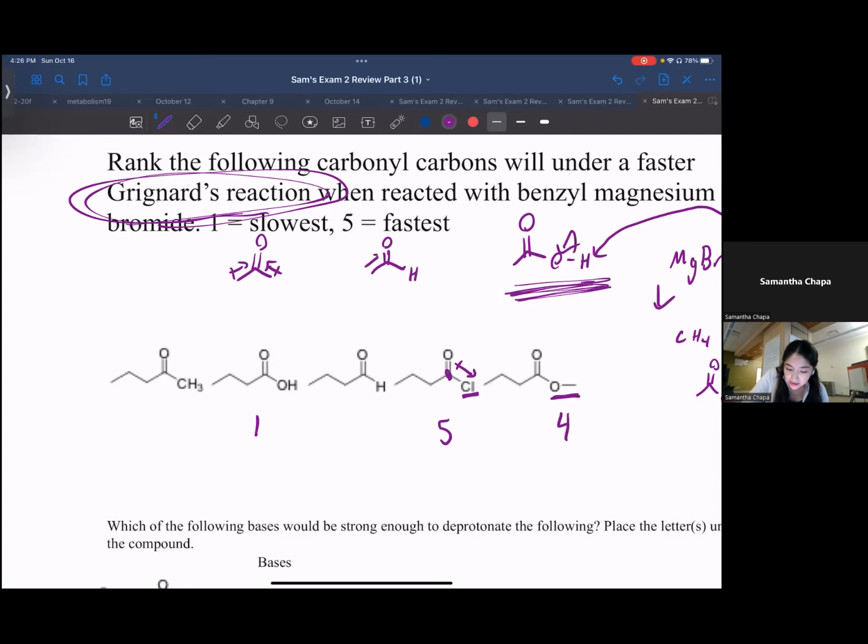Whereas on the aldehyde, you only have 1 donating electron density. Again, we don't want electron density on our carbonyl carbon because that makes it more rich in electron density. So we want it to be electrophilic and we don't want it to be rich in electron density. So we're going to prefer the aldehyde over the ketone. So the aldehyde is going to react faster than the ketone group.